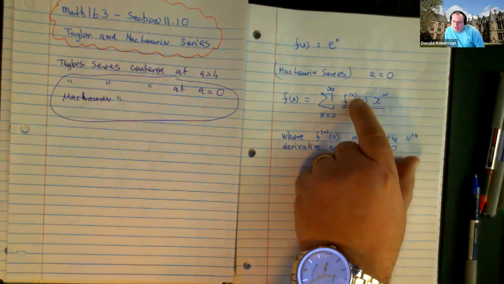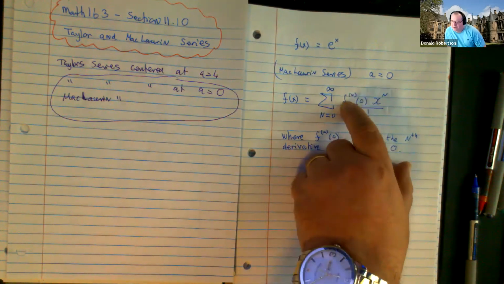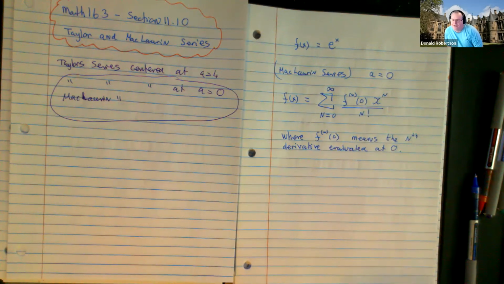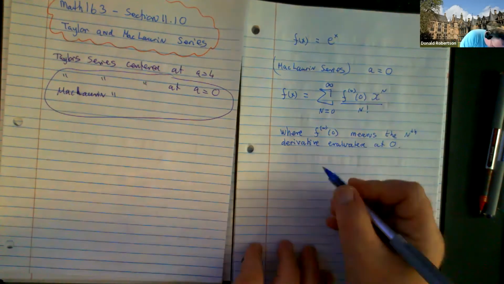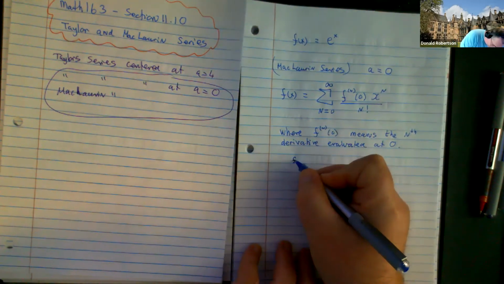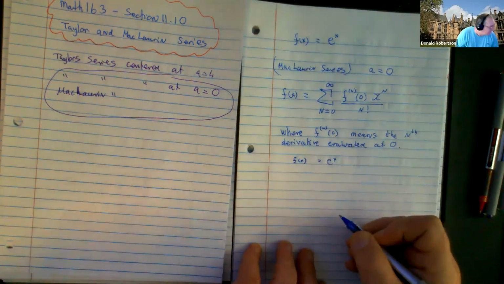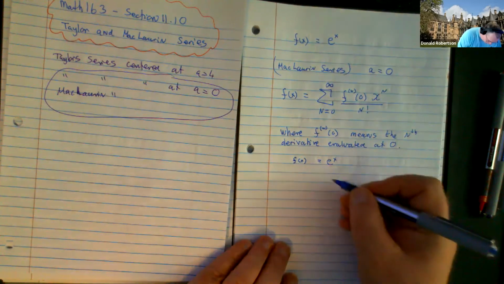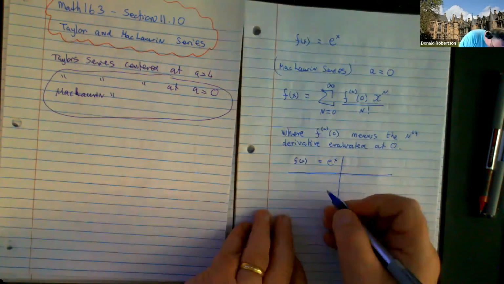Unfortunately, only some functions have a nice pattern in their derivatives. Something where you can actually say, the 10th derivative at 0 is this, a general version, the nth derivative at 0 is this. If you can do that, you can create a power series, and it is possible. So what I'm going to do is start off with my function, and then we are going to find its various derivatives.